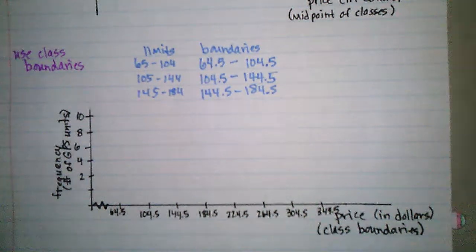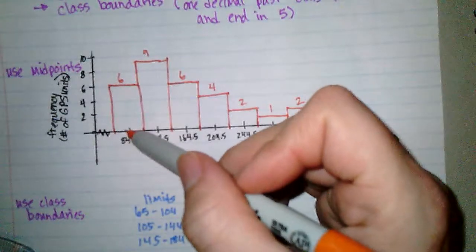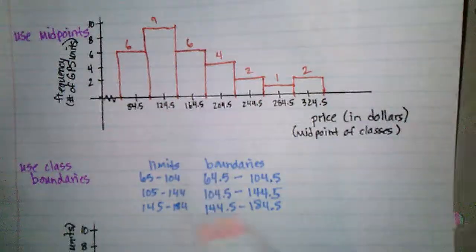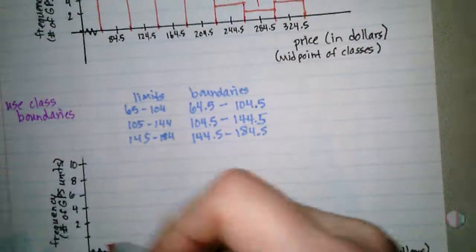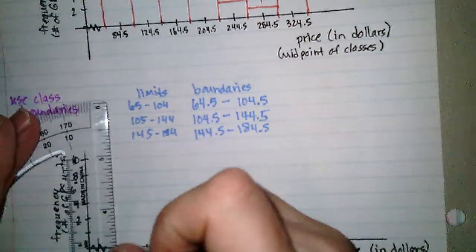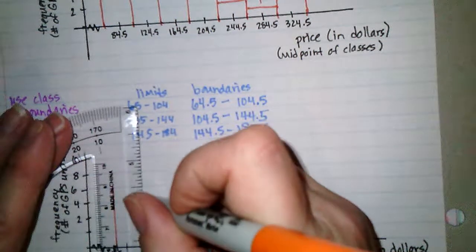And then we're going to do the same thing with our bar heights, except for this time, since we're using class boundaries, it's not going to straddle the tick marks. It's going to go from edge to edge on the tick marks. So I'm going to go from 64.5 to 104.5, had 6 in that class.